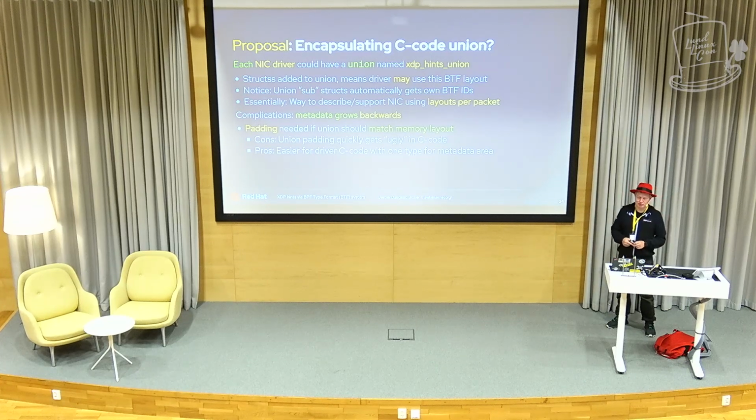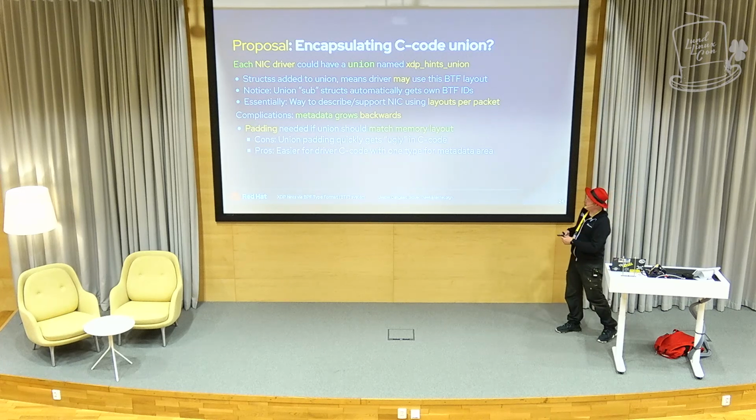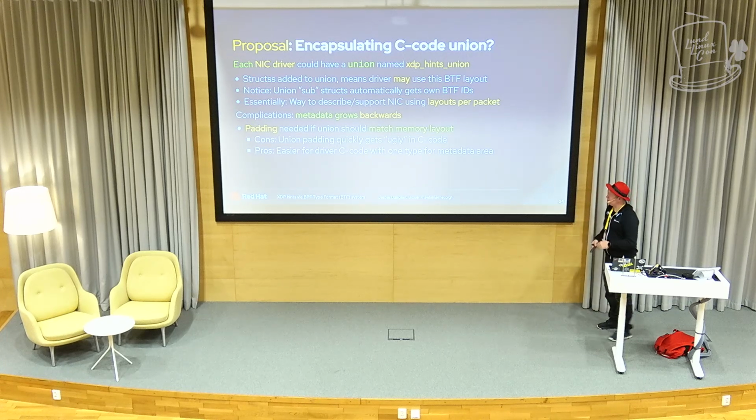One proposal to let a driver say which structs or BTF layouts it's supporting: we could have a union called XDP-hints_union and add the structs to it, which means that the driver may use these BTF layouts. That's why we can have several of them.